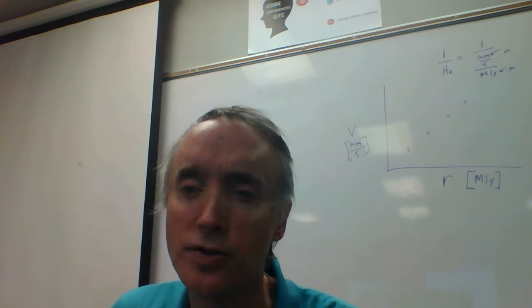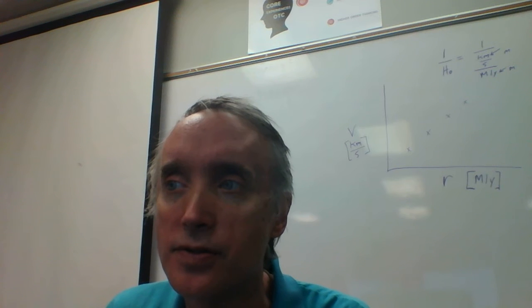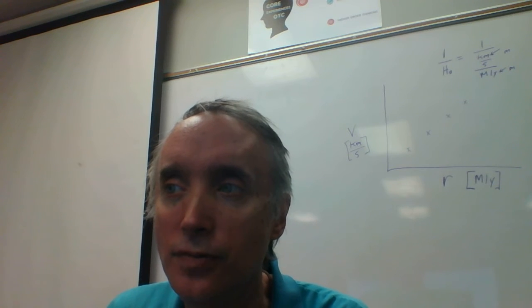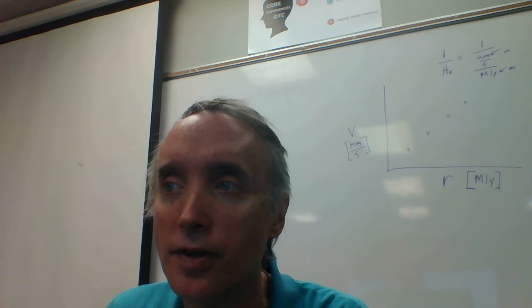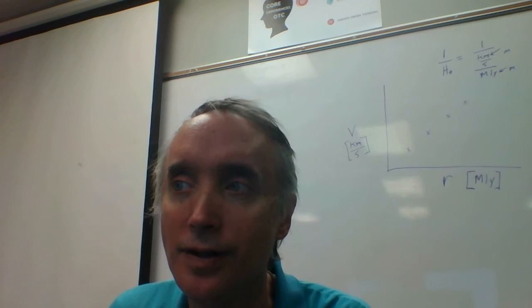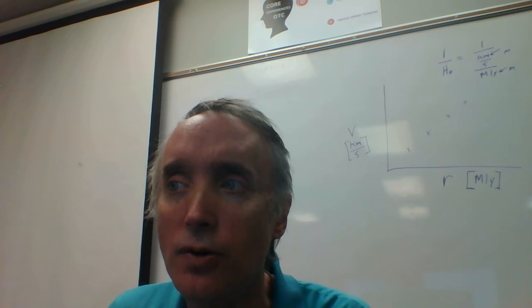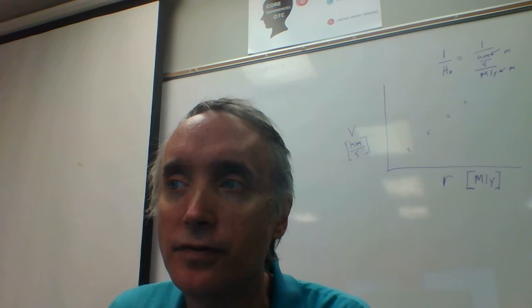Okay, so here's what I want you to do. In the very first set of data, for violet, you're going to put 19.5 for the Doppler shift delta lambda. For indigo, underneath it, you're going to write 20.5 for your Doppler shift.